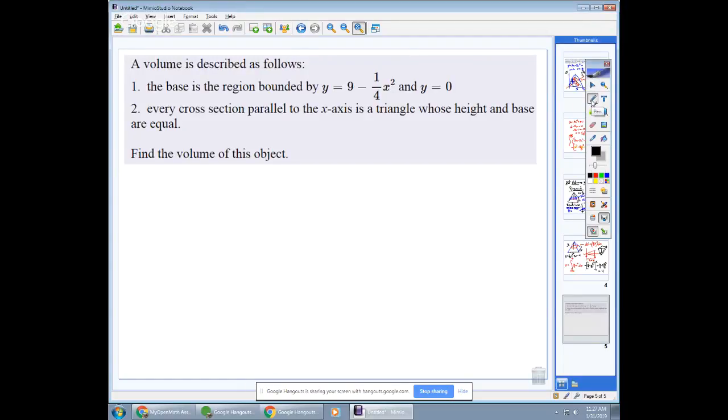So sideways parabola. If it was a real object, it's saying it's a triangle, but the base is a parabola. Yeah, so this is the fun part about what we're doing here. We have 3D printers in the other room, and if we can describe these figures mathematically like this, we can print them.